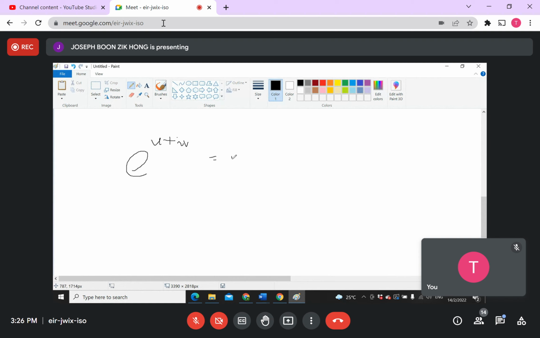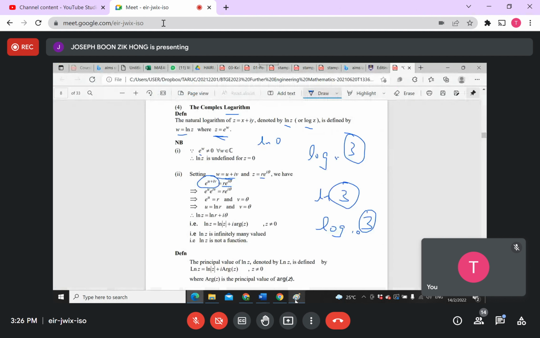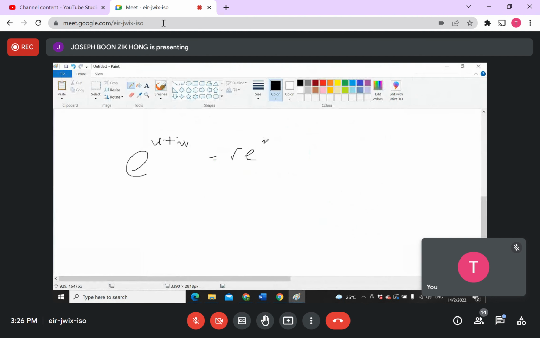If you compare with re^(iθ), what you see here is that this is a real number and this is an imaginary part. So I can separate it to e^u times e^(iv) equal to re^(iθ). e^u is a real number, so your r will be e^u, and your e^(iv) will be e^(iθ).